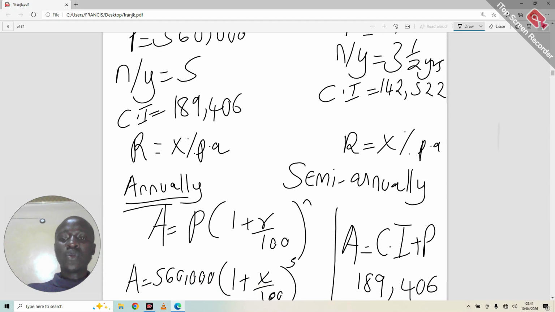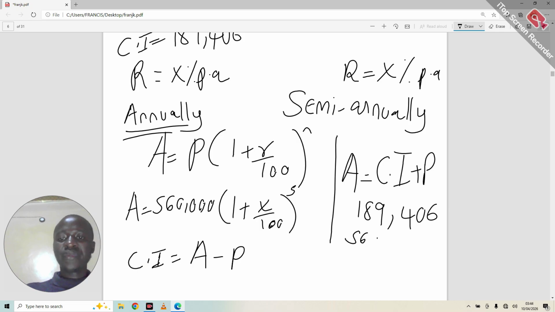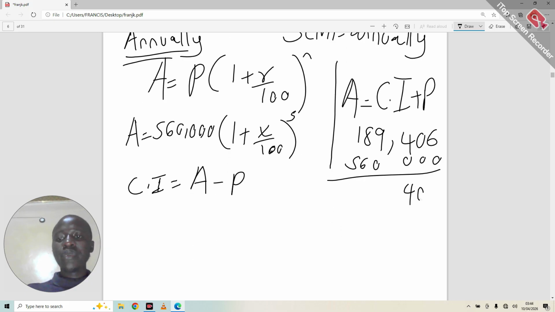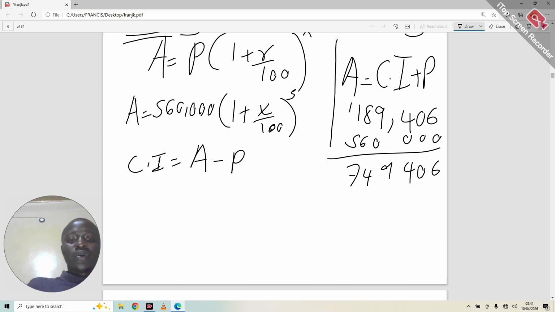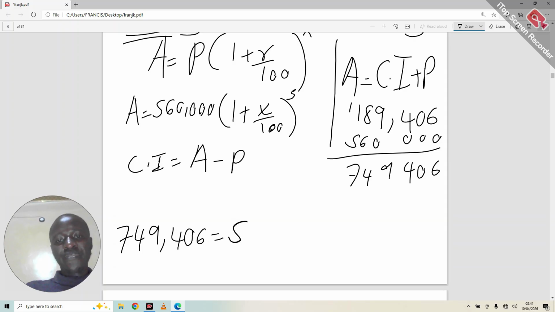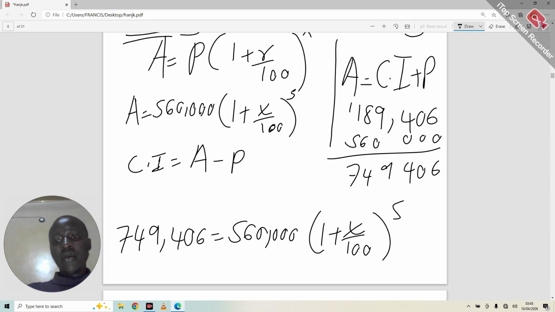Add it to the principal, which was 560,000, and we have 749,406. So let's substitute back. We'll have 749,406 equals 560,000 into 1 plus x all over 100 power 5.